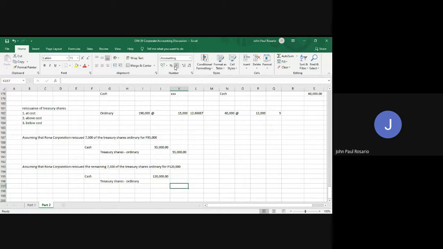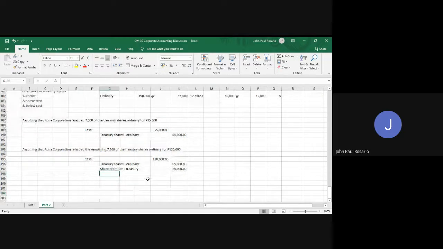No. What you credit to your treasury shares is the cost of the treasury. The cost of treasury: you sold 7,500 out of the 15,000, and you multiply that by the original cost of treasury of 190,000. So the cost of your treasury is 95,000. The excess goes to share premium treasury, amounting to 25,000. So this is the entry if the sale of treasury is at cost, and this is the entry if above cost.